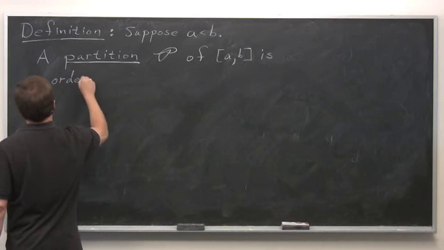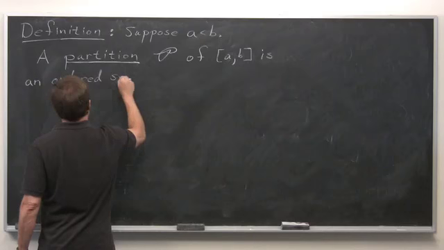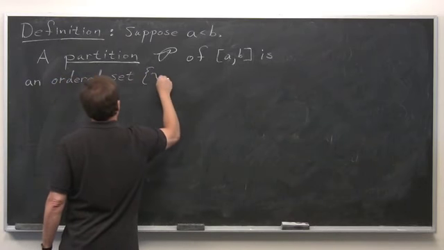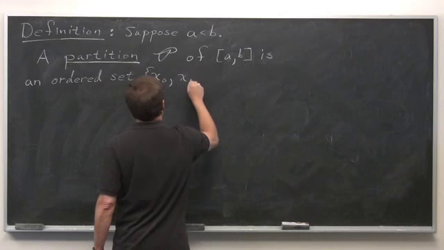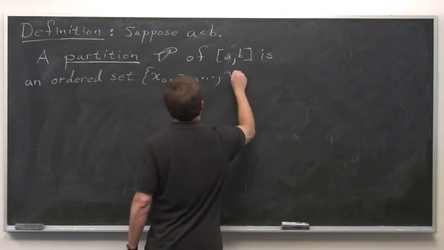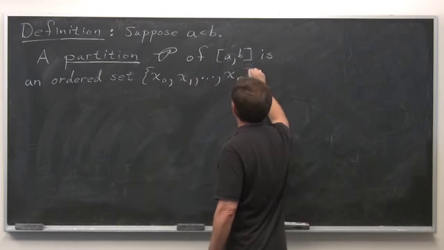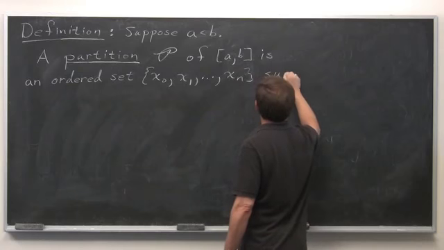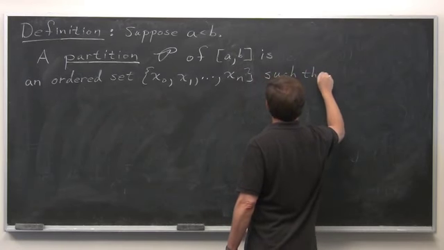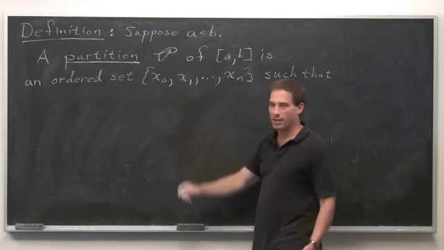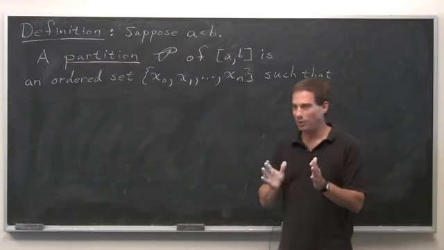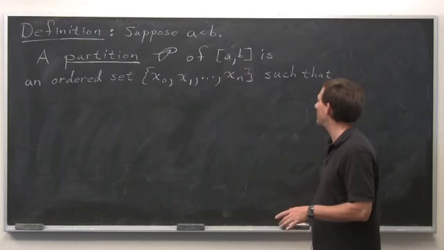It's an ordered set x0, x1 through xn. So some finite collection of values such that this set gives us the endpoints of the subintervals that we chop this up into.